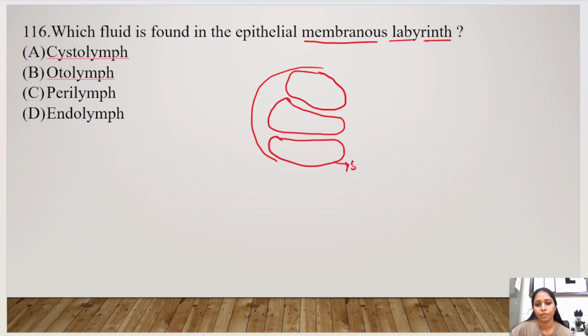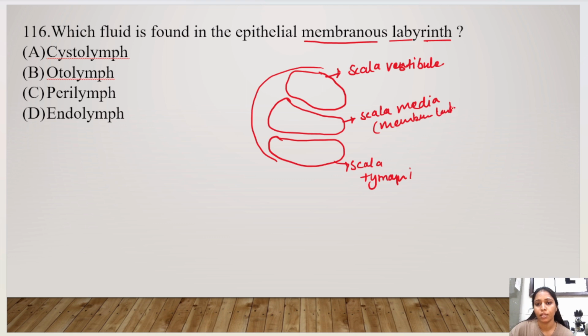So this is the scala tympani. This is scala vestibuli. And this is the scala media. Scala media is also known as membranous labyrinth, and membranous labyrinth is found in the scala media.